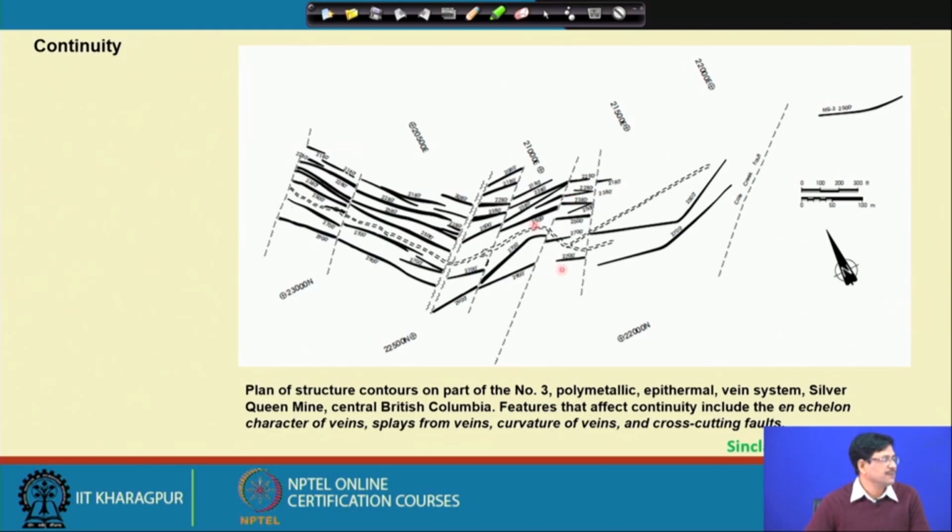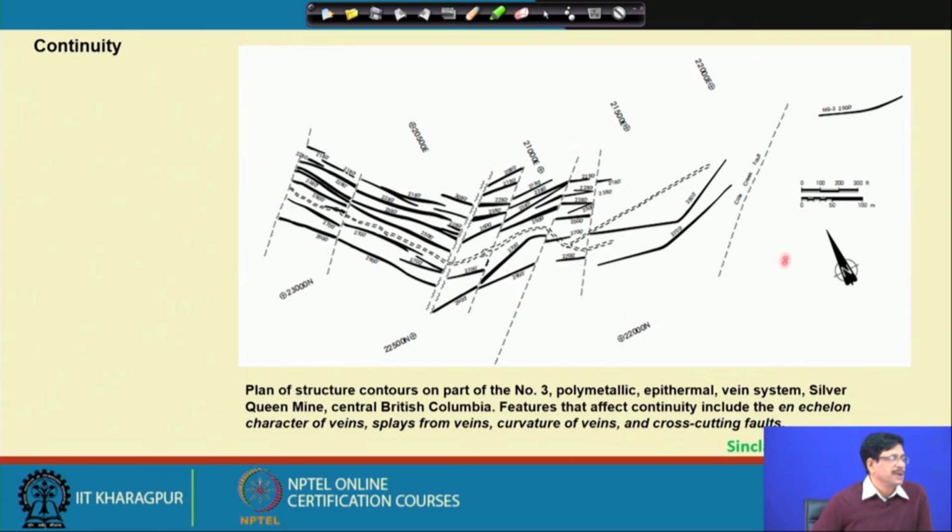Here is a situation where we could see what exactly affects the continuity. Here is a picture from the polymetallic epithermal vein system in the Silver Queen mine in central British Columbia, as cited in this book.